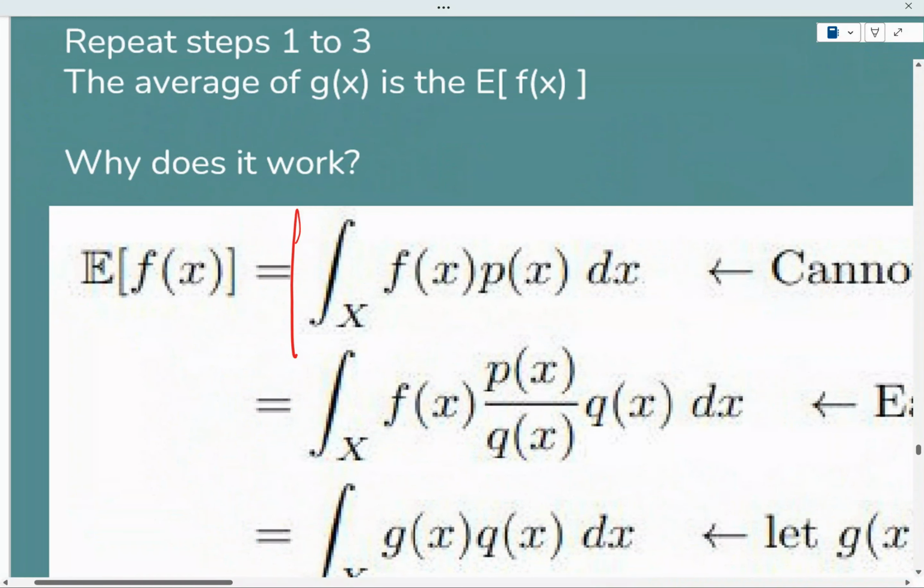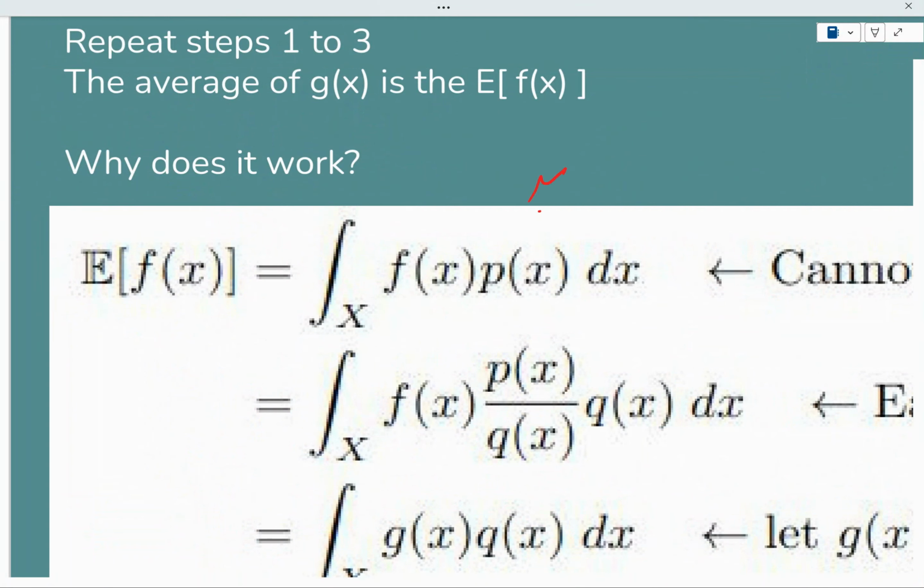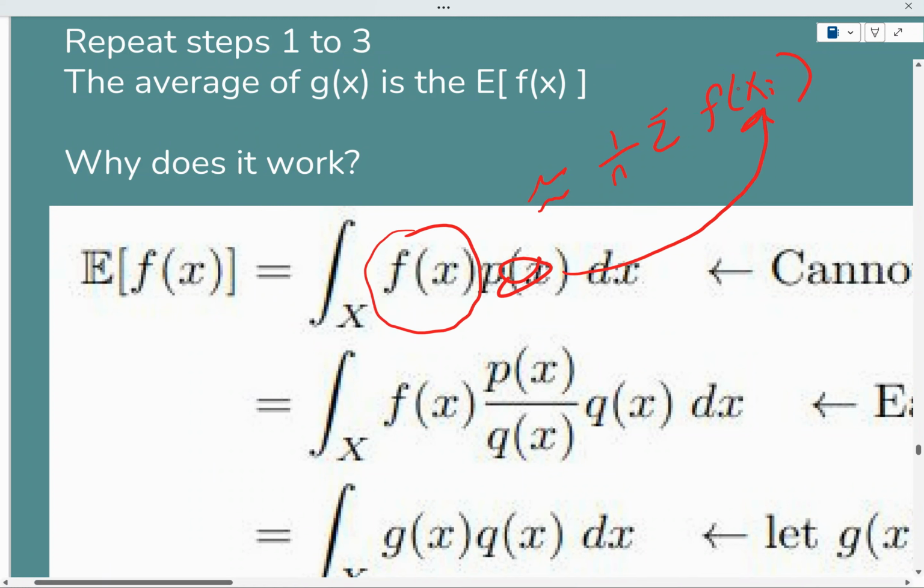Let's say we had this integral we're trying to solve, and we learned previously that if you want to solve this integral, you can either do it by hand or you can approximate the result to be 1 over n summation of f(x_i). So you can get rid of this and just plug the samples you have from P of X into x_i, average it together, and the problem is solved. So that's what we learned previously.